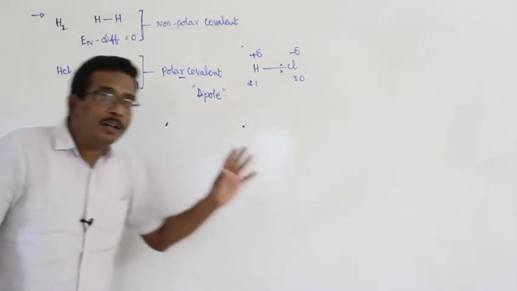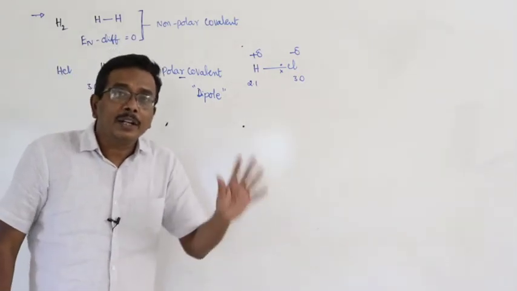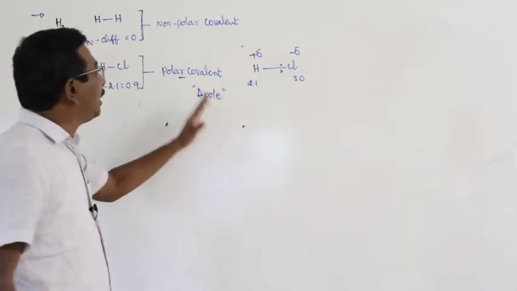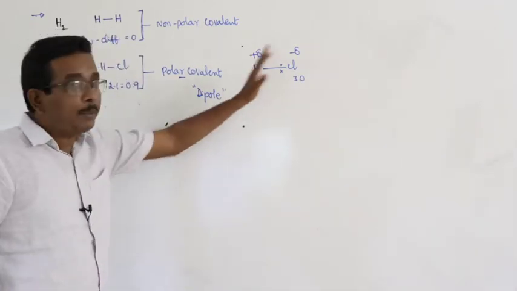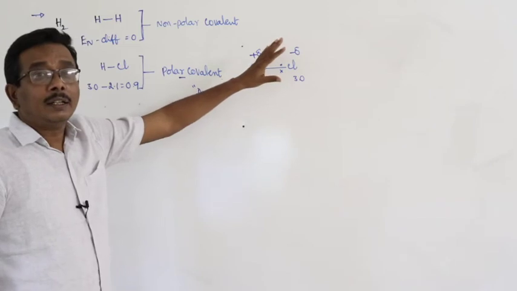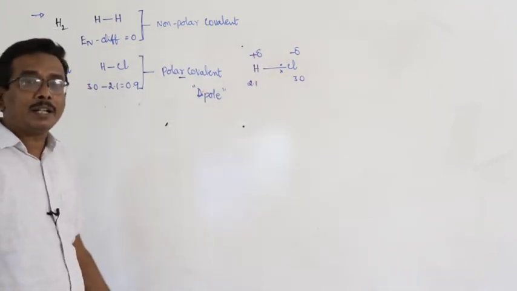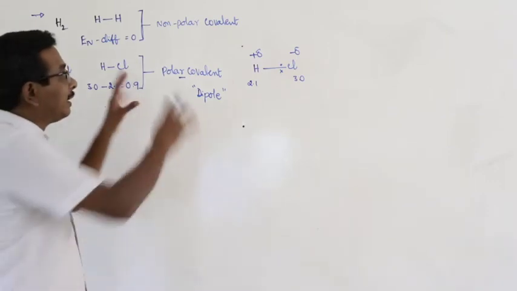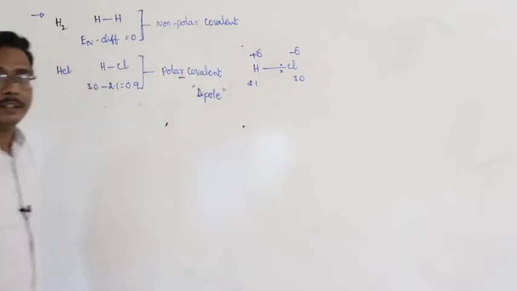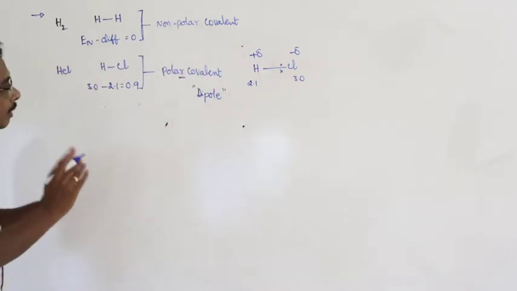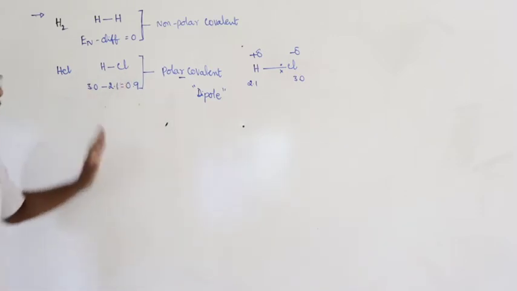A covalent bond with partial opposite charges is said to be dipole, or a diatomic molecule with partial opposite charges is said to be dipole, whatever it may be said. This is the concept behind this.